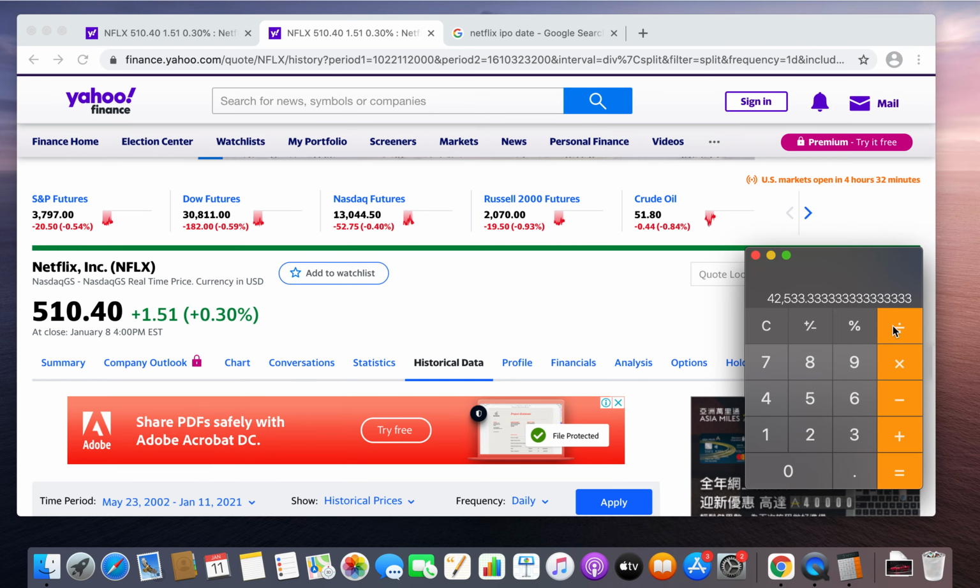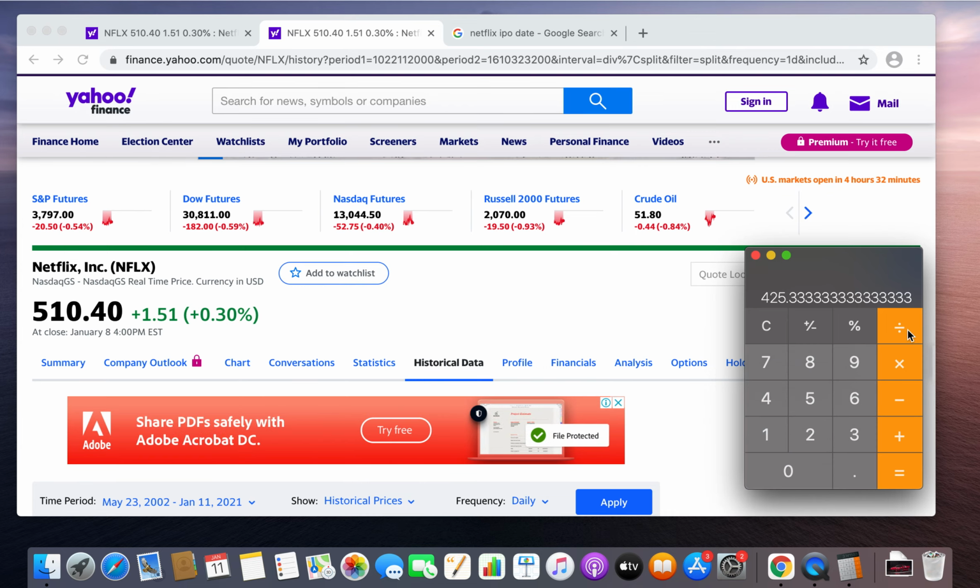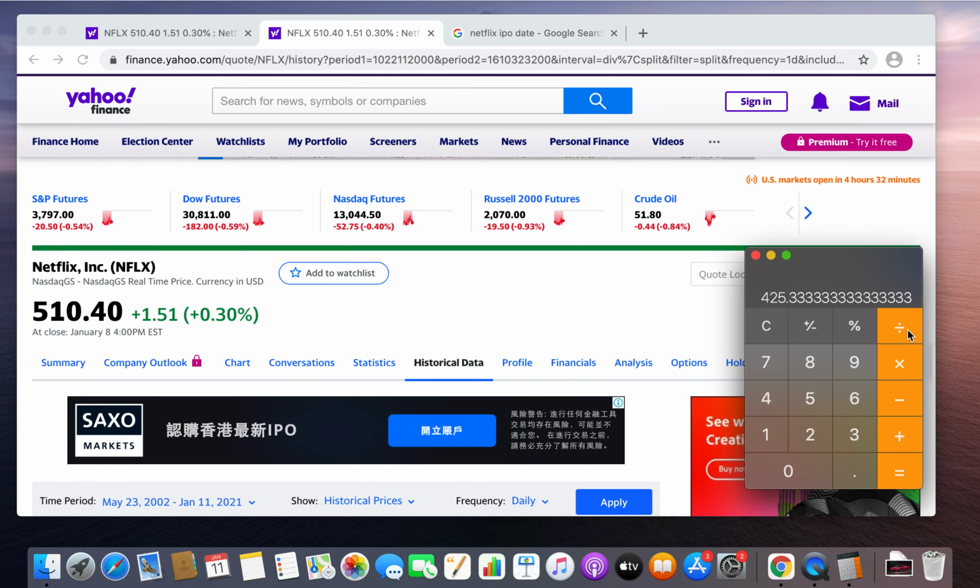And the return would be, let's see, total return. So you take this 42,533 divided by $100, and you get 425.33. So it's a return of 425x. You've multiplied your $100 by 425 times over the span from 2002 up to 2021.